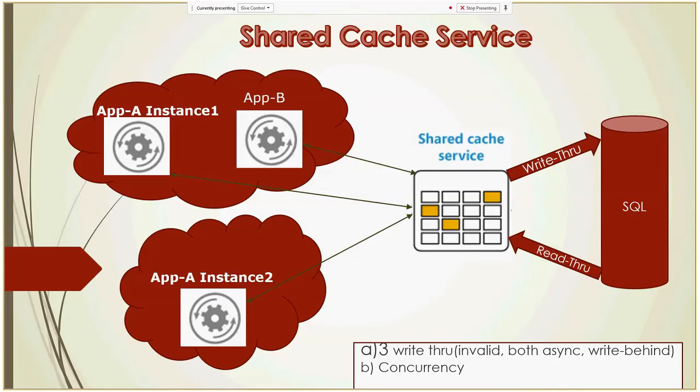I can think of three solutions. One is you just invalidate the cache when an update request comes through your cache service and make a call to the database and update the data. Done, right? And when the read-through caching kicks in, it'll go fetch the latest version of the data because it's only on demand. The next option would be make two asynchronous calls, one to the database and one to update the cache.